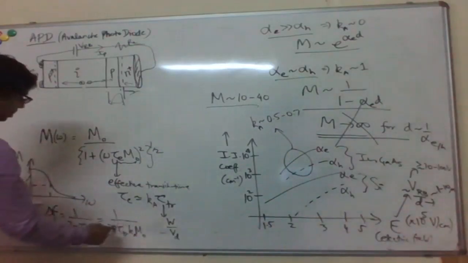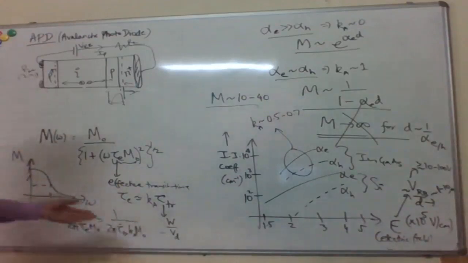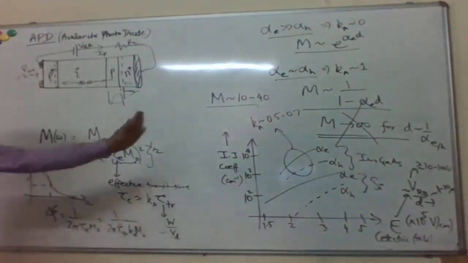So let's say this was 10 picoseconds for just the pin photodiode, now you enhance it by a factor of, let's say, 10 or so for the APD. So the bandwidth goes down.